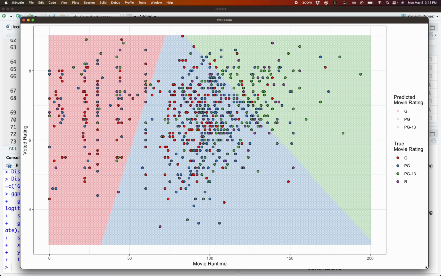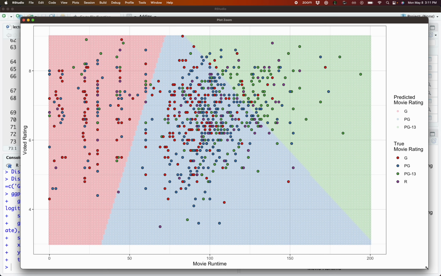So, I've basically pointed at every single possible combination, or not every single, but I looked at a bunch of combinations of movie runtimes and ratings, done the prediction in the model to figure out the probabilities, and then you assign the highest probability as your prediction, and this is the map that gets shown, okay?